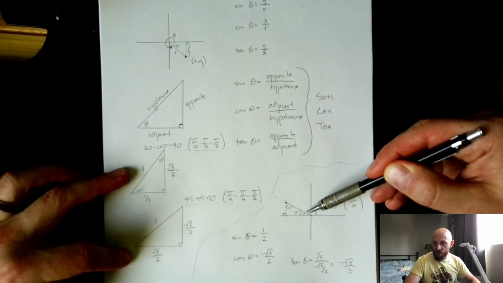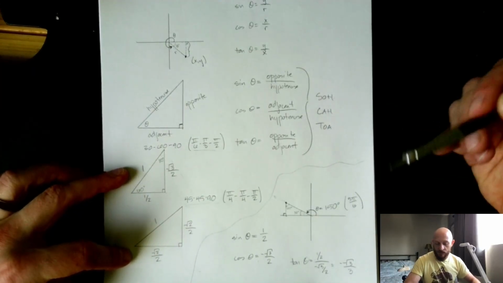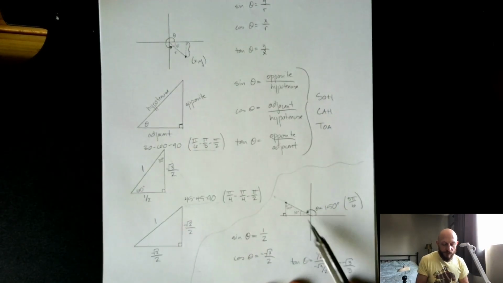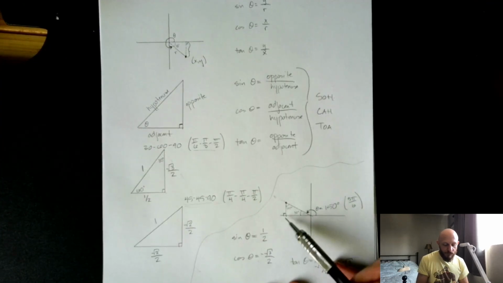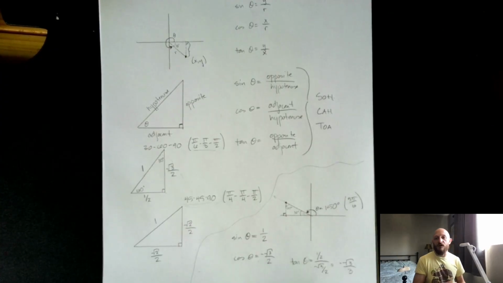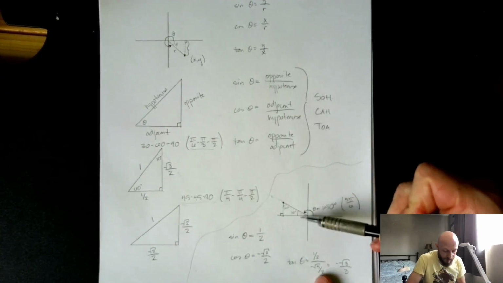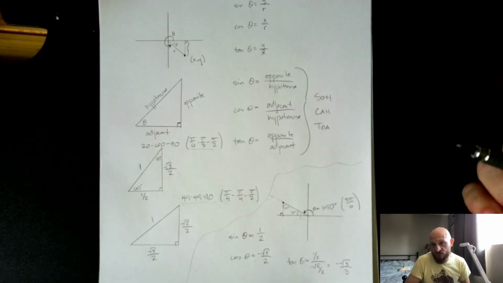The reference angle would be 30 degrees again if, instead of 150 degrees, it was 30 degrees below the x-axis over here. So if it was 210 degrees, again, you would still be working with a 30-degree reference triangle.